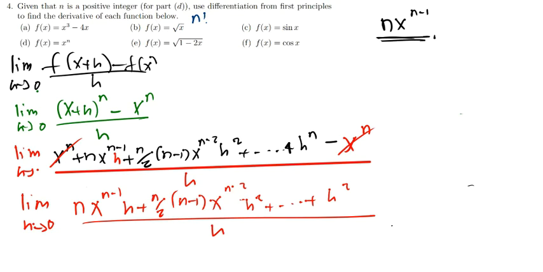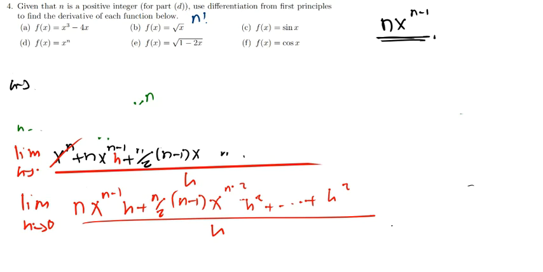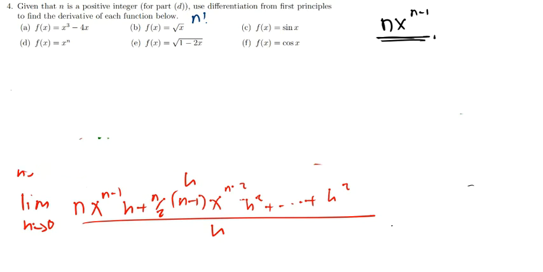Now we can factor out h on top. Even without wasting time, when you factor out h, it's the same as cancelling this h because h is everywhere. Here I remain with one h. Here also one h.